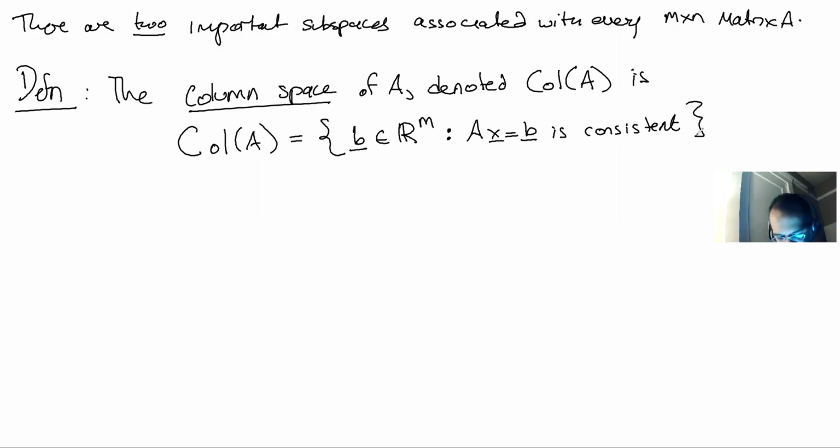Consistent means it has at least one solution. By the way, this is a subset of what? Rm, because everything in the set is an element of Rm.